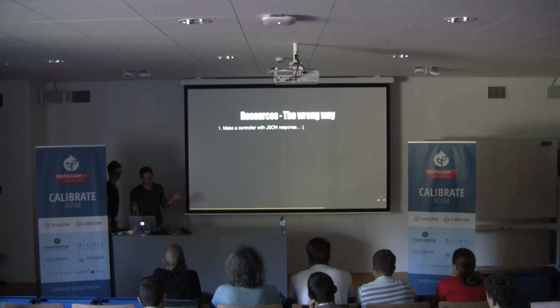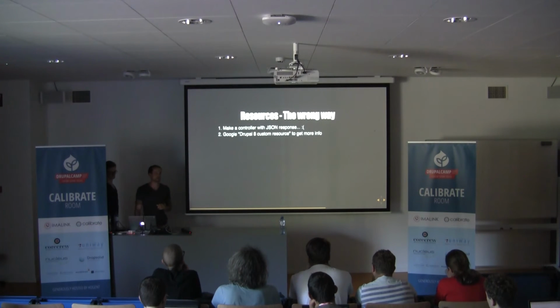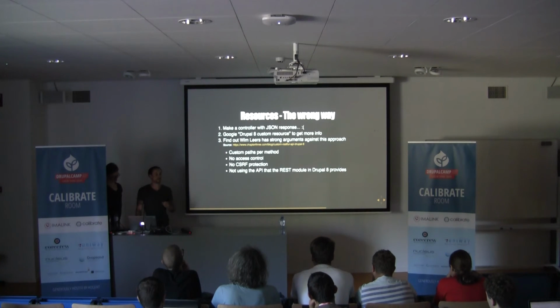So, step 1, make just a default Drupal 8 controller, and instead of returning a render array, return a JSON response. Step 2, Google Drupal 8 custom resource to get more info on how to pass parameters and stuff. Step 3, find out there is a blog post where Wim Leers has commented on, and he has strong arguments against this approach. Why?